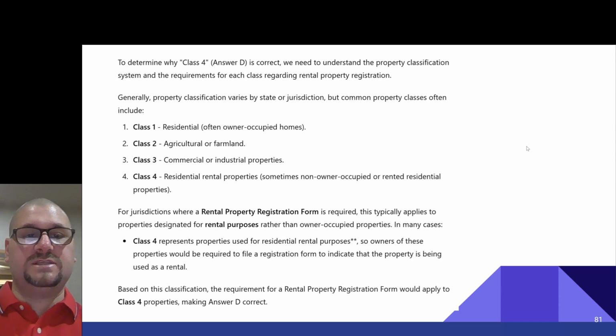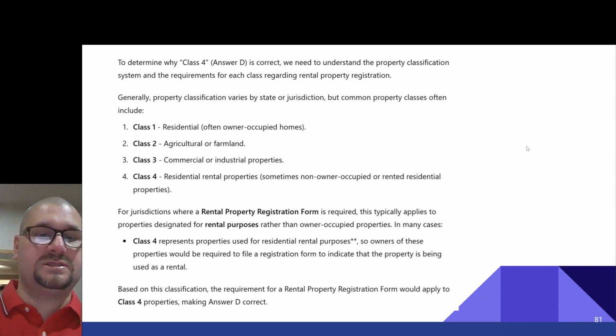So owners of these properties would be required to file a registration form to indicate that the property is being used as a rental. Based on this classification, the requirement for a rental property registration form would apply to Class 4 properties, making answer D correct.